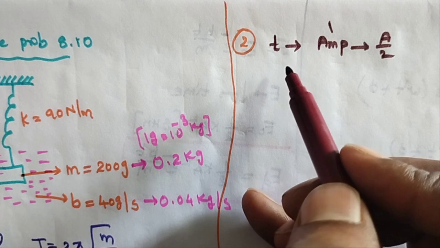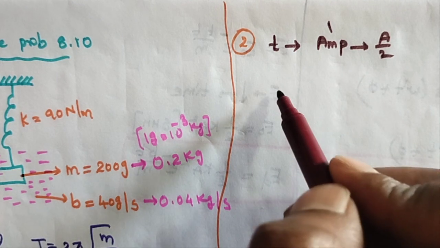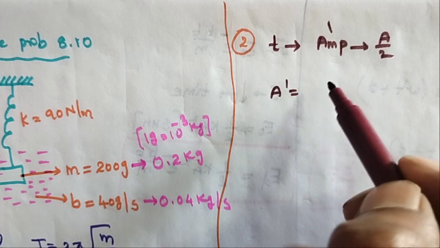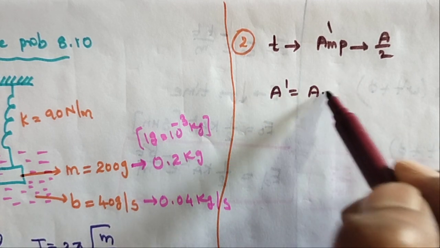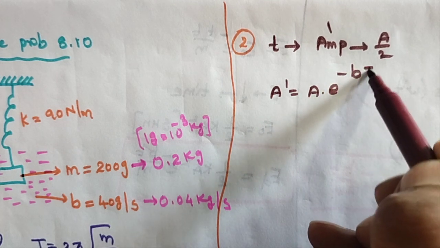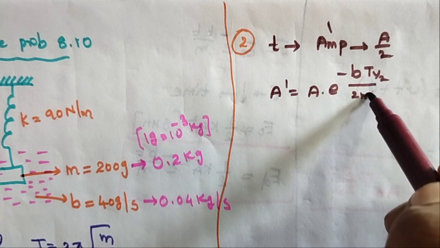Taking the time as t off, what is the amplitude formula? A dash is equal to A into e power minus b t off by 2m.